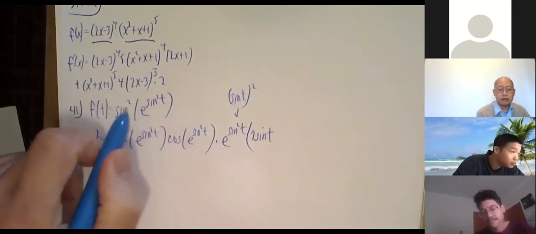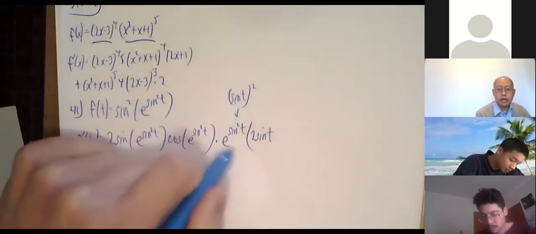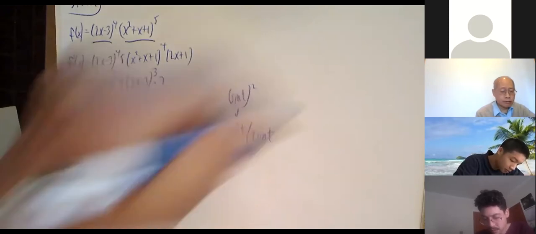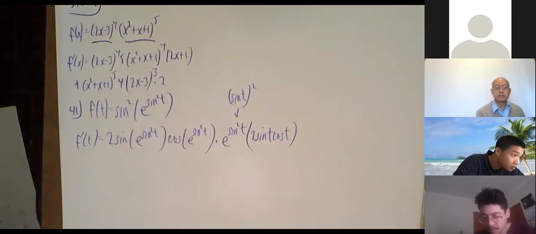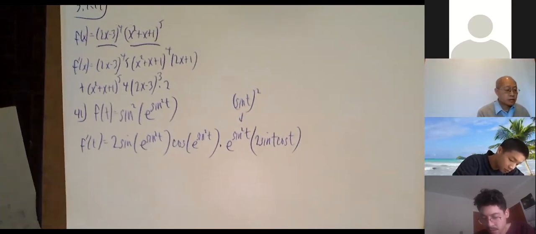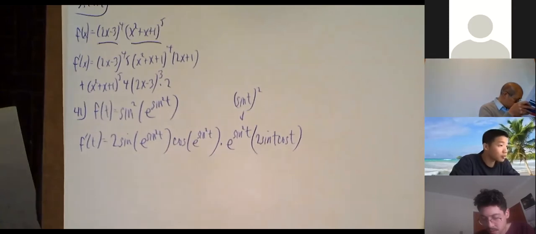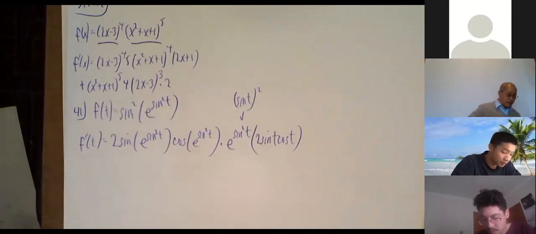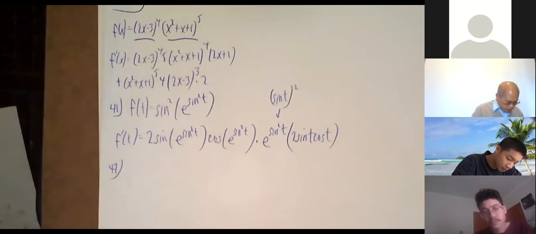Same thing over here: sine squared of all that, it's that whole thing squared. So 2 sine t, and then by the chain rule times the derivative of sine t, which is cosine t. Okay, so that's that. 47: cosine of sine of 3 theta.